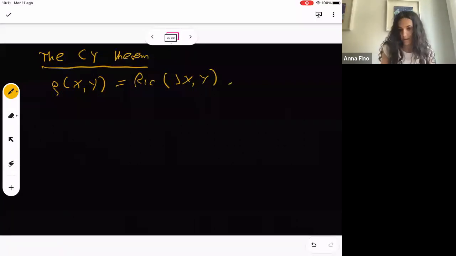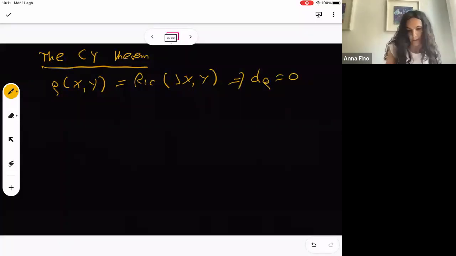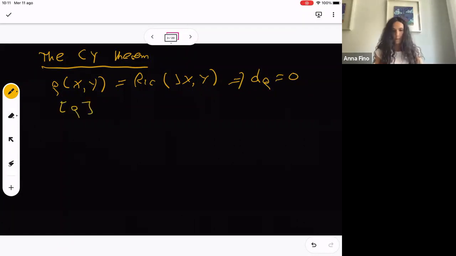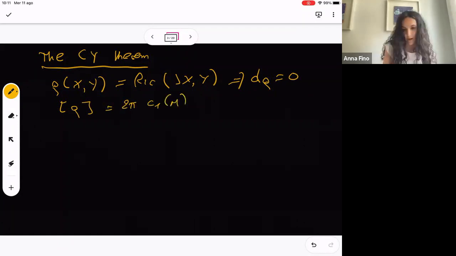This is closed in the Kähler case. If you take the de Rham class represented by rho, up to a factor 2 pi that we can forget, it represents the first Chern class c_1(M, J), which of course depends on the complex structure.